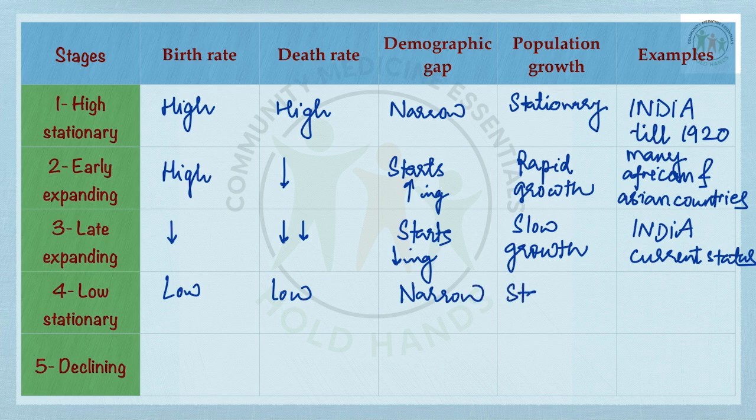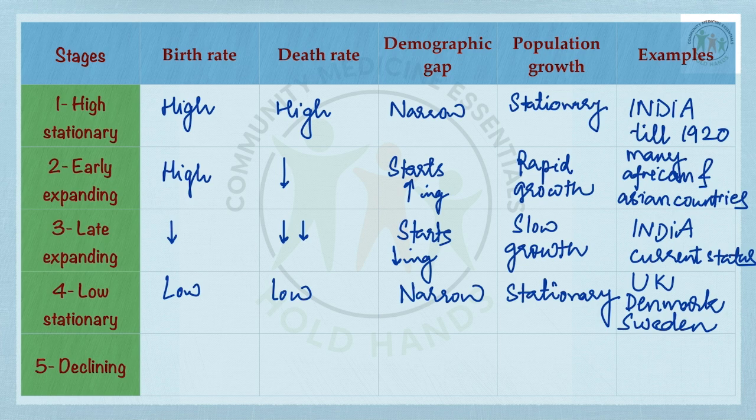Population will be stationary. Examples: UK, Denmark, Sweden. Then last stage is stage 5, declining stage.